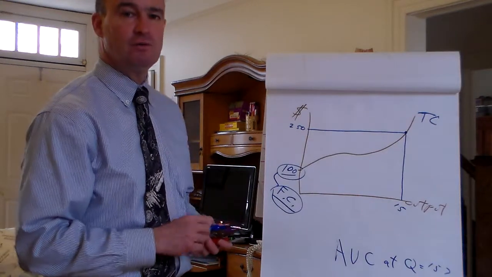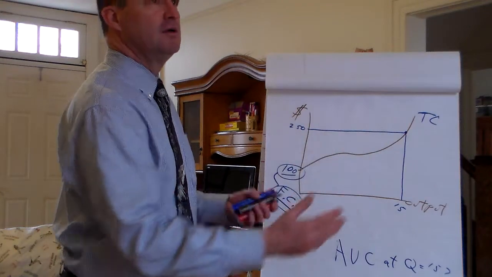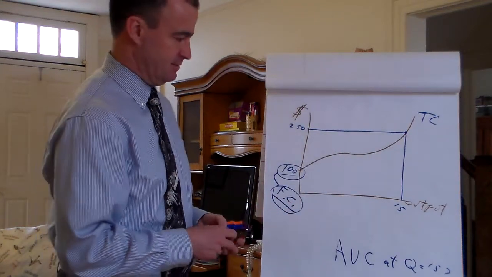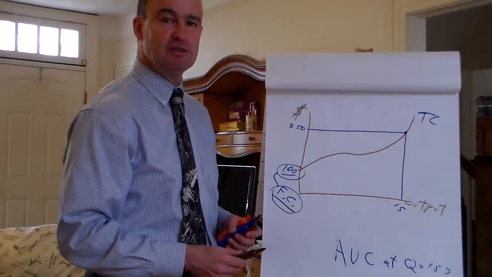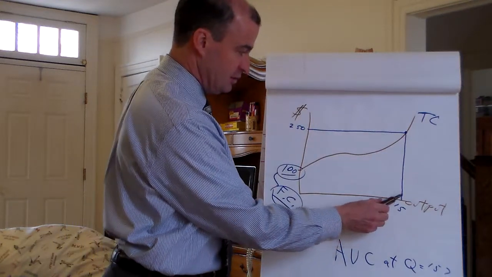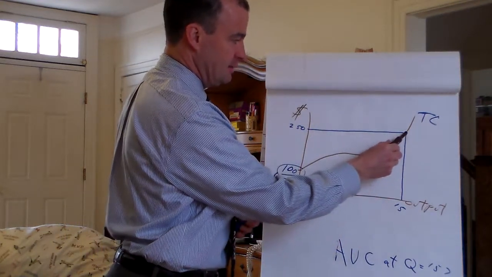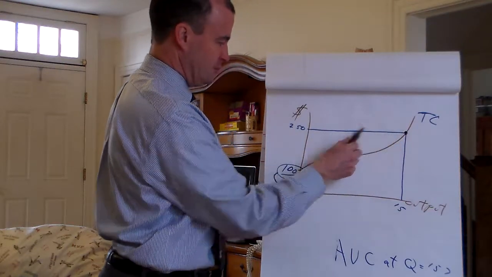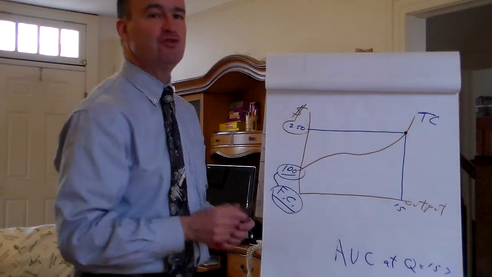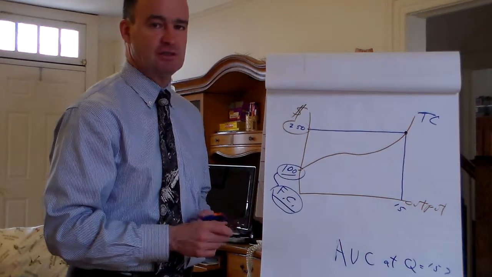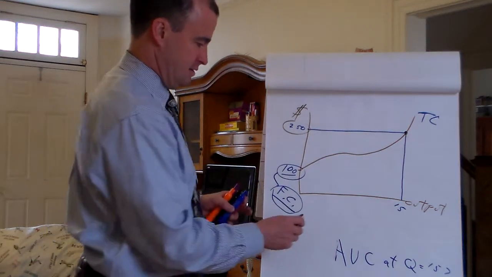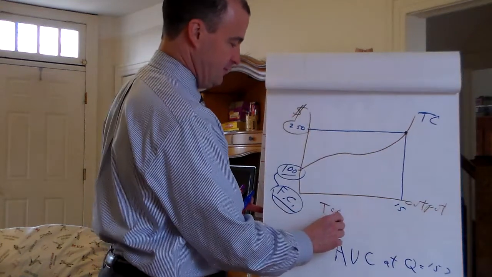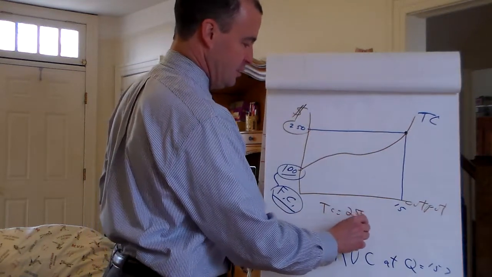I'm going to give you a little hint. All right, how much does it cost to produce 15 units? Up to the line, the curve that is, the total cost curve, $250. It costs $250 to produce 15 units. All right, total cost at 15 equals $250.